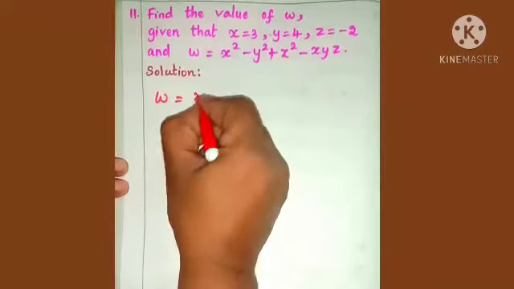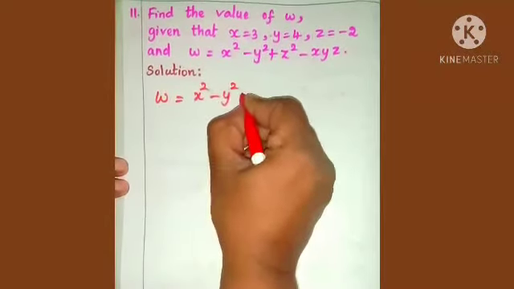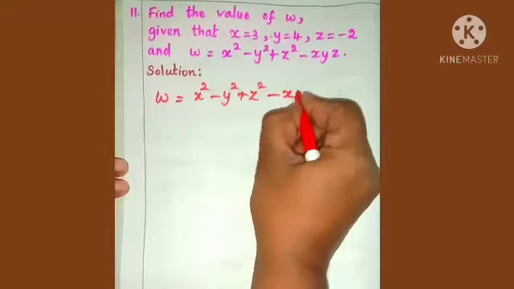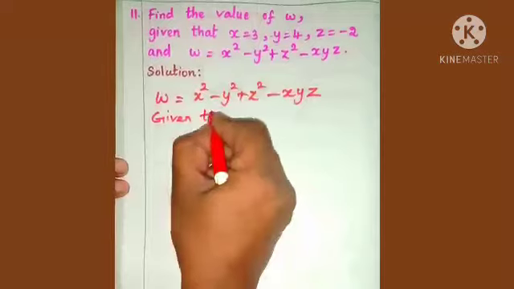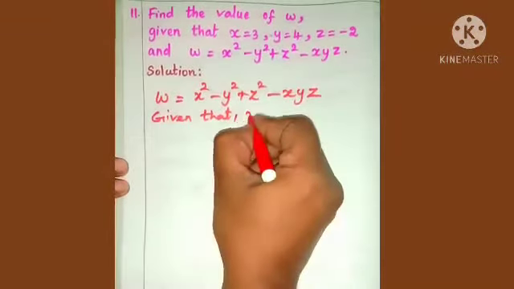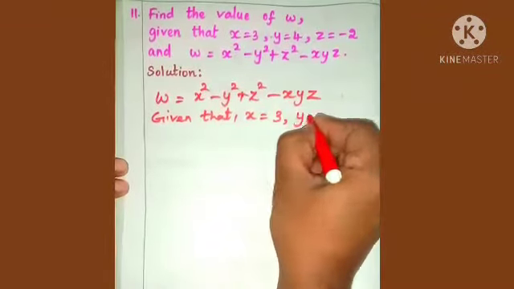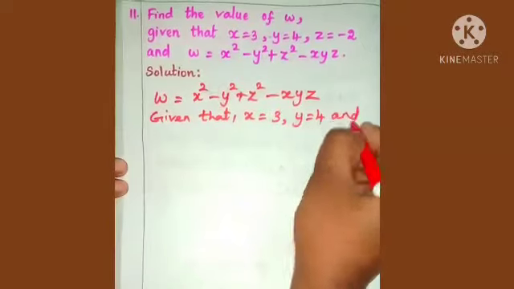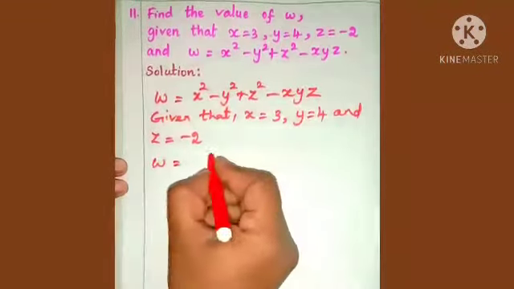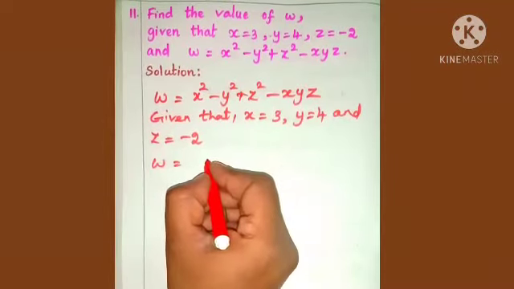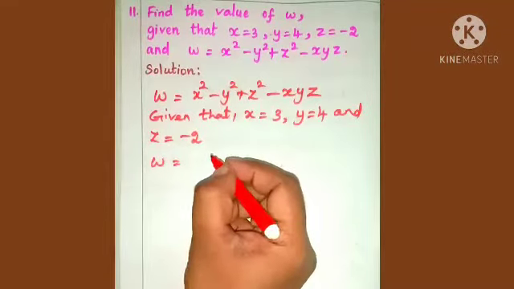W is equal to, write down the expression x square minus y square plus z square minus xyz. Here given that x is equal to 3, y is equal to 4 and z is equal to minus 2. In the next step, substituting all the known values in the expression.